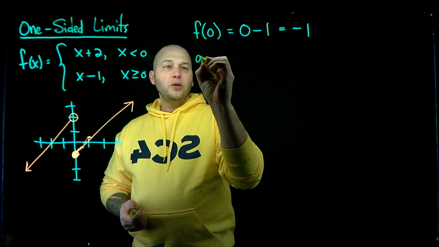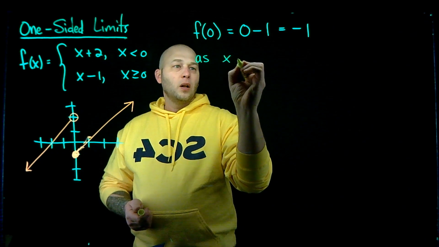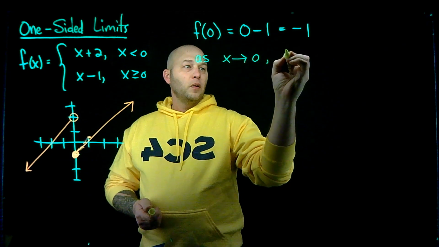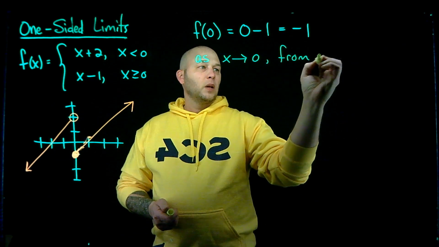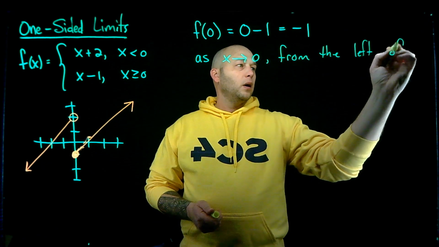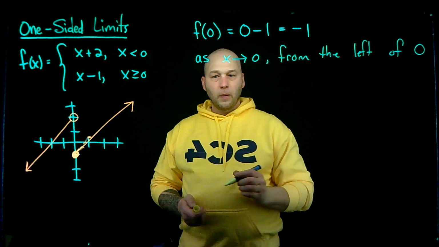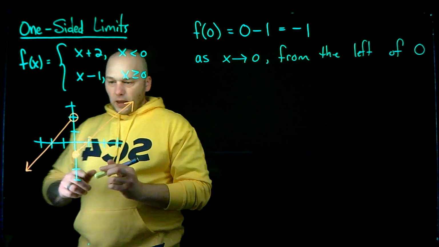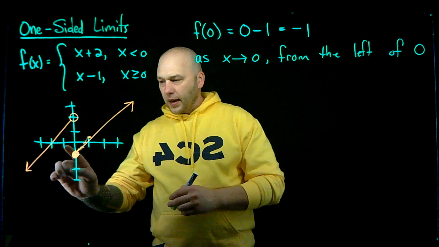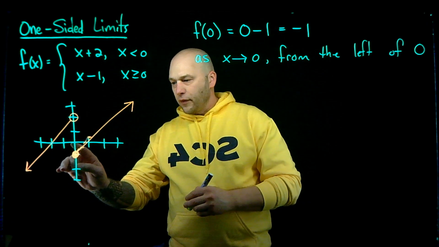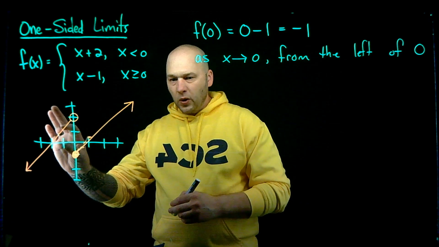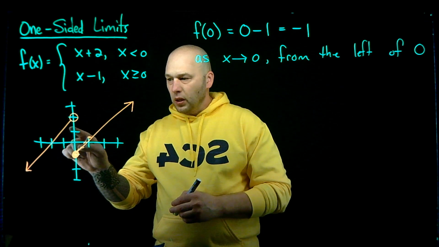So as x approaches 0 from the left of 0, the x values are, for example, like negative 1, negative a half, negative 0.1, and so on and so forth. What are the y values getting closer and closer to?